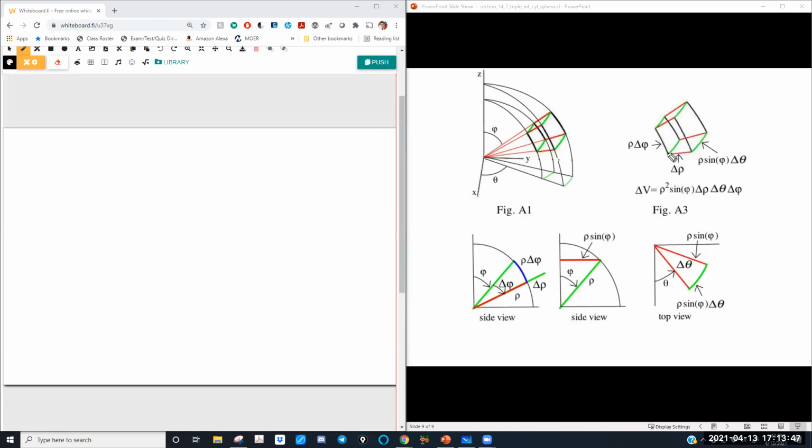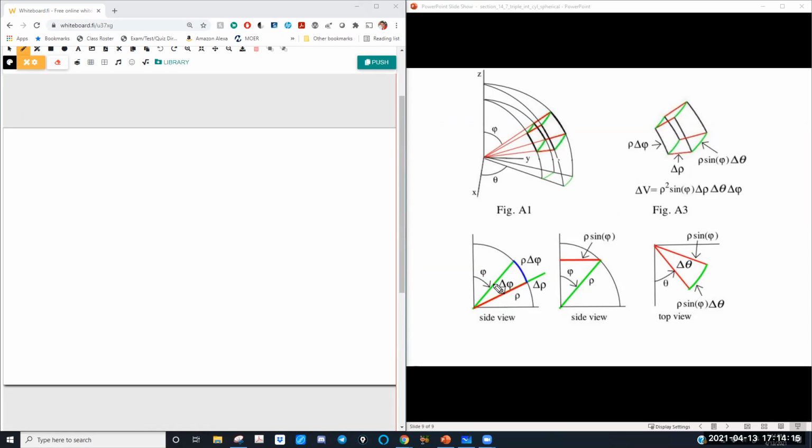Now, this black line and this green line are actually arcs. And to get the arc length, what you do is you multiply the angle by the radius. So let's see how that works out. And that's where these side views come in. If we wanted to look at this arc length here, why is it rho delta phi?